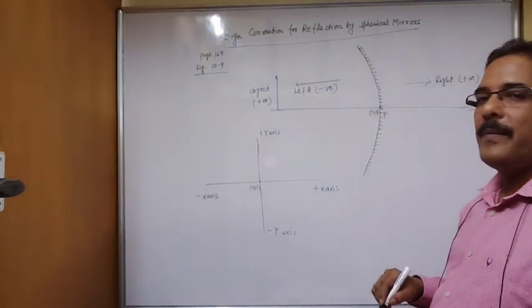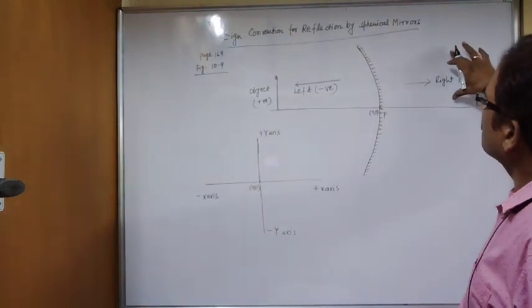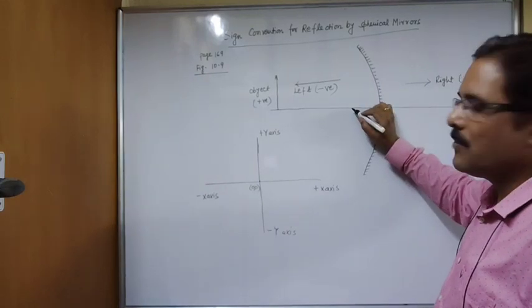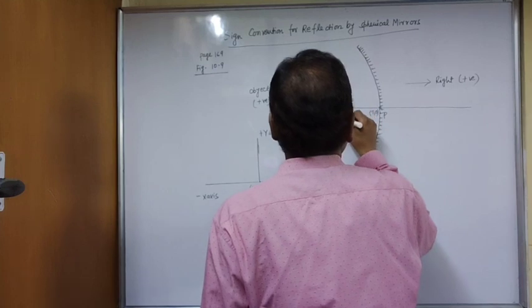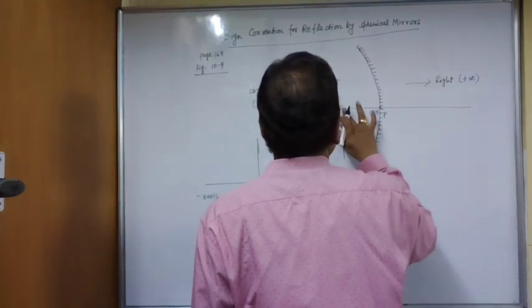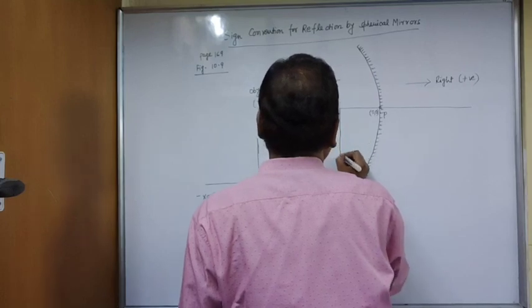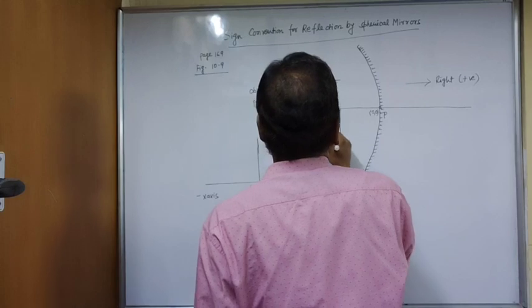Suppose the image is formed virtual erect. So virtual erect images are formed above the axis, and real inverted images are formed below the principal axis. So distances which are below the principal axis and perpendicular to it are negative.